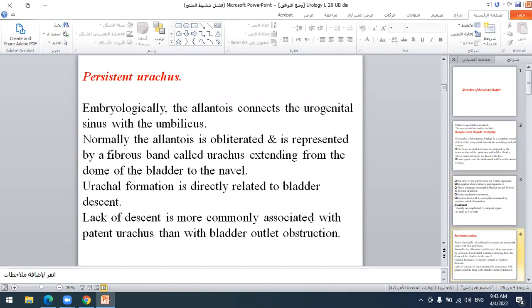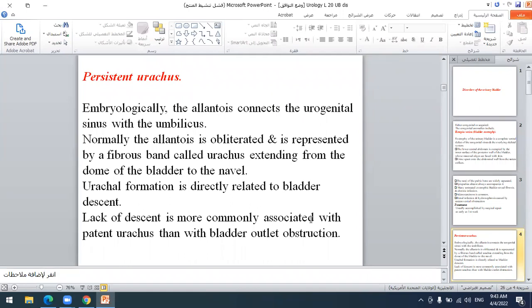The second case is the persistent urachus. Embryologically, the allantois connects the urogenital sinus with the umbilicus. Normally, the allantois is obliterated and is represented by a fibrous band called the urachus, extending from the dome of the bladder to the navel.